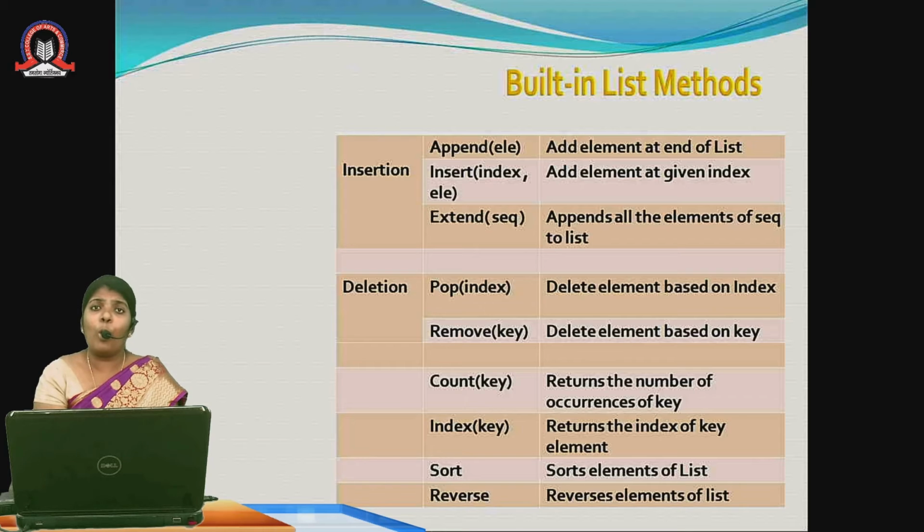Then remove of key removes the element based on a key. Now count of key returns the number of occurrences of the key. Then index of key returns the index of the key element. Then sort. It can sort in ascending order, that is small to big, or big to small.